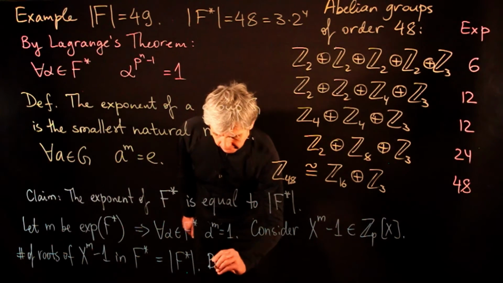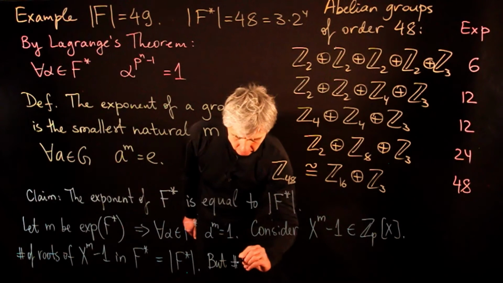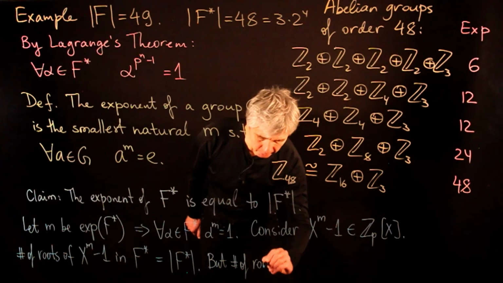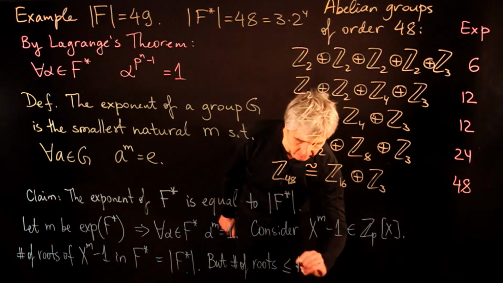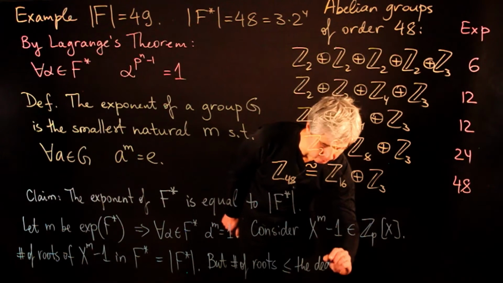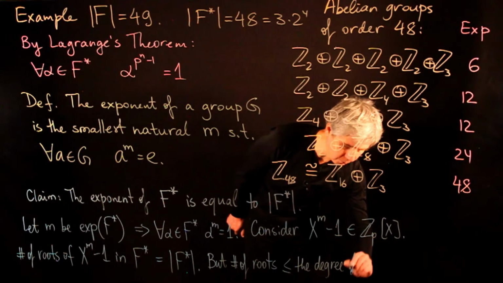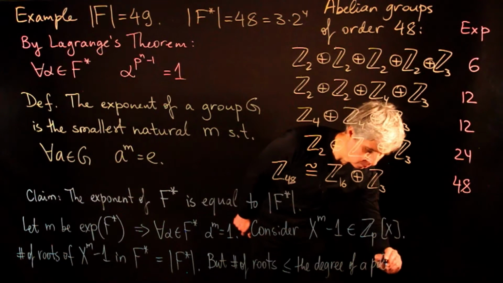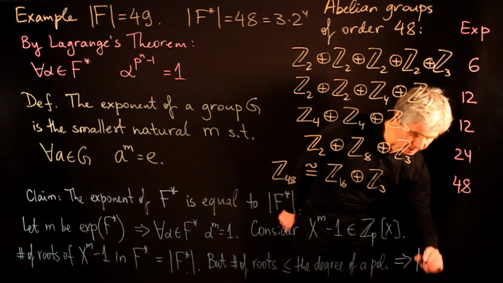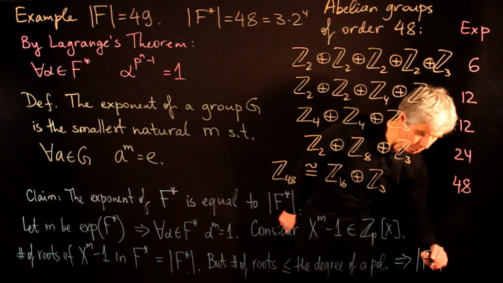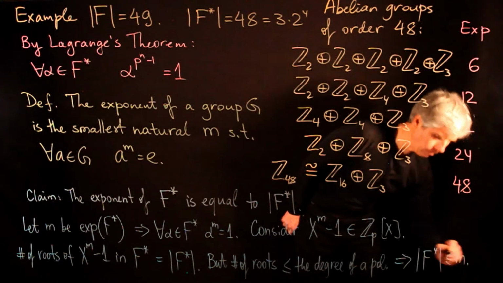But we have that the number of roots of a polynomial cannot exceed the degree of a polynomial. From here, we obtain that the size of the multiplicative group cannot exceed m.